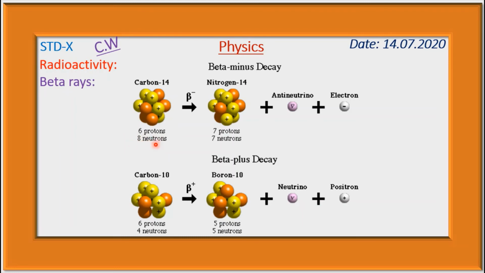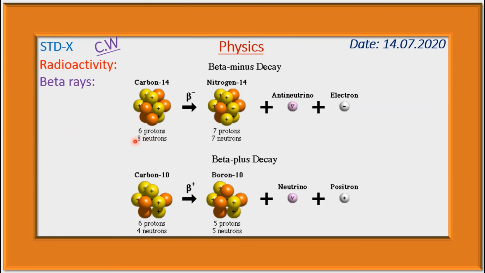Here there is an excess number of neutrons, therefore a neutron will be broken down and it will produce a proton. Therefore 6 protons plus 1 proton is equal to 7 protons. Now it is nitrogen because the proton number is the identity of an atom. Proton number 6 means carbon and proton number 7 means nitrogen.